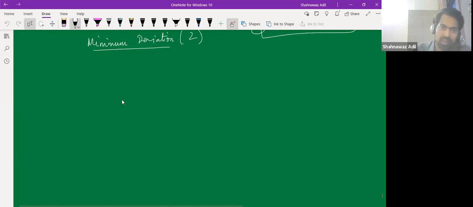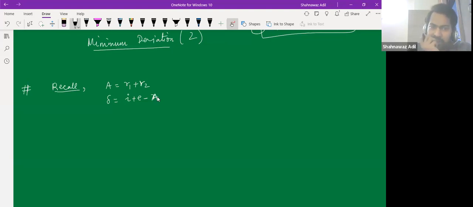Recall, we know that A is R1 plus R2, right? And deviation is I plus E minus of R1 plus R2, which is E, right? These are the two results that we already know.